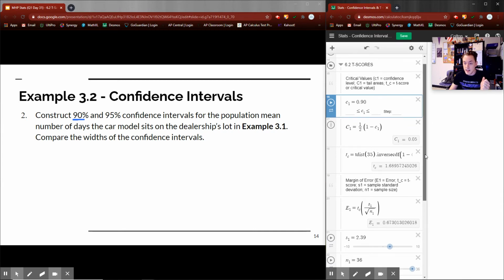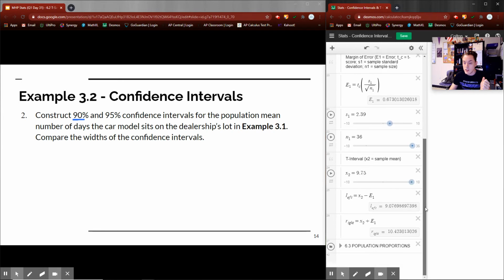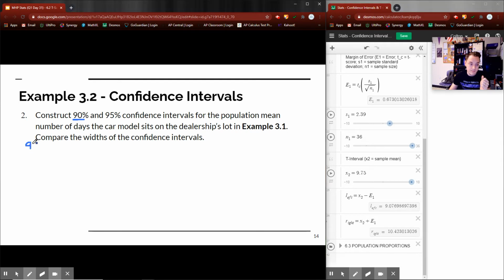So for 90, I scroll down, what's my confidence interval? My interval is 9.08, comma, 10.42. Okay, that is my answer for 90%.